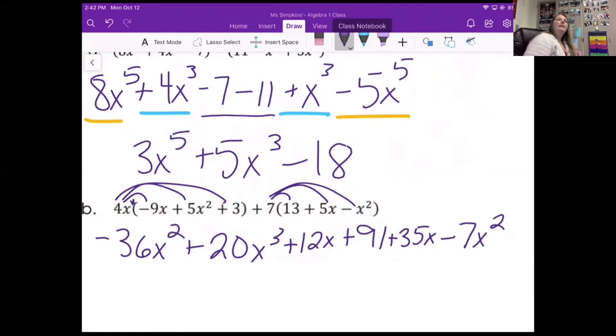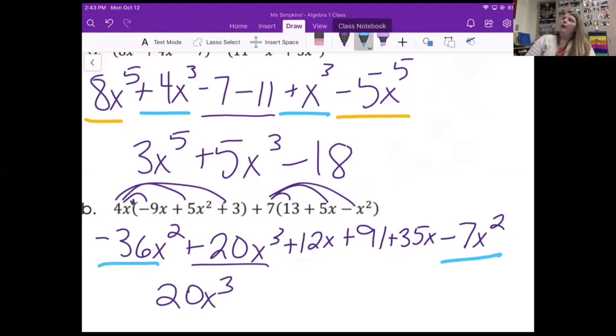And again, we want to write it in standard form. So our biggest exponent is 3, so 20x to the third. And then our next biggest exponents are x squareds, and I have 2 of them. Negative 36 and minus 7 would be minus 43x squared.